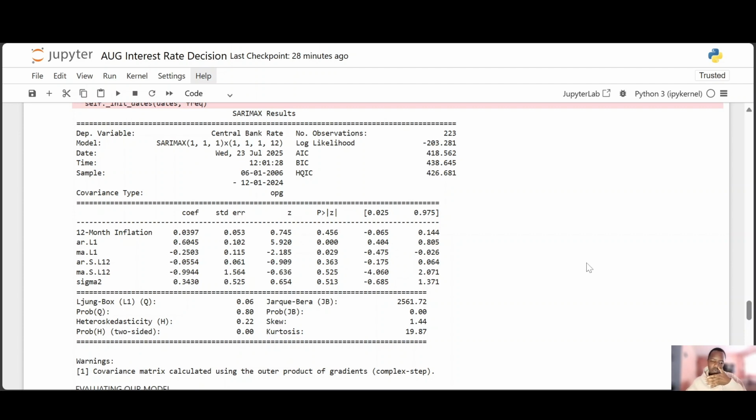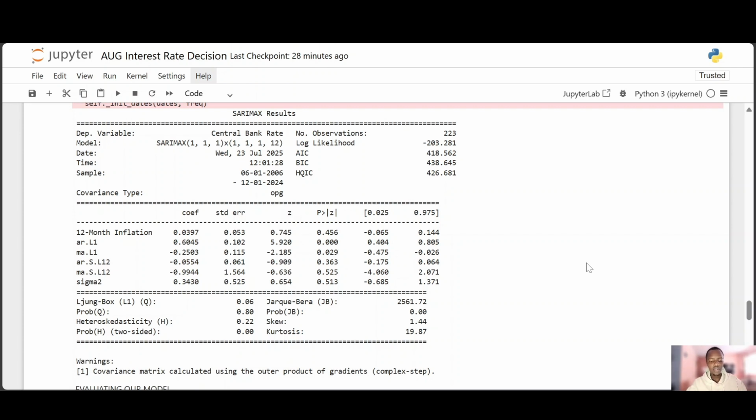For the log likelihood, from our current model, we have negative 203. Any model that has a higher log likelihood will be a good fit, but any model that has a lower log likelihood will be a bad fit. Then the AIC, the BIC, and the HQIC all hold the same principle.